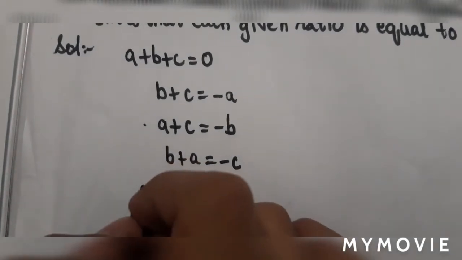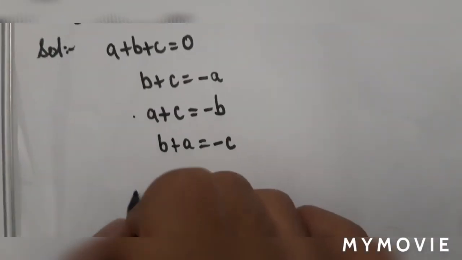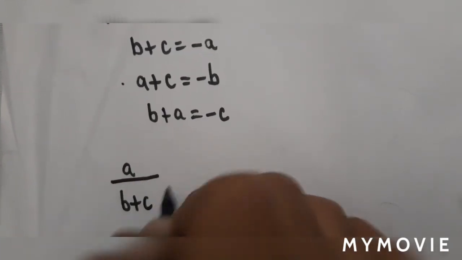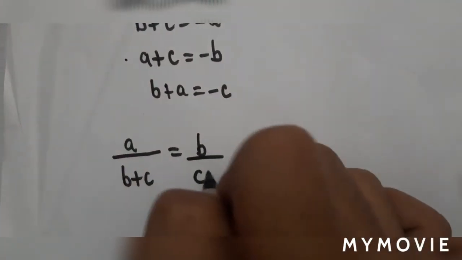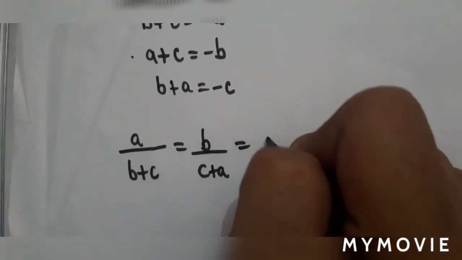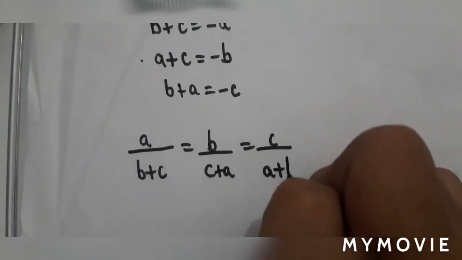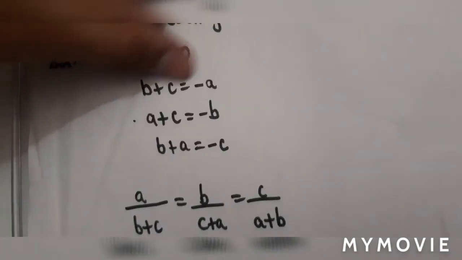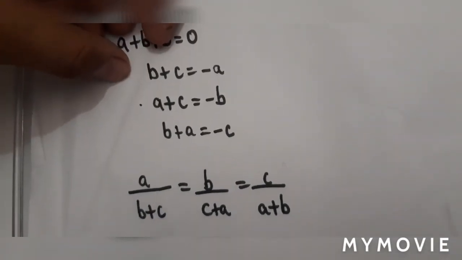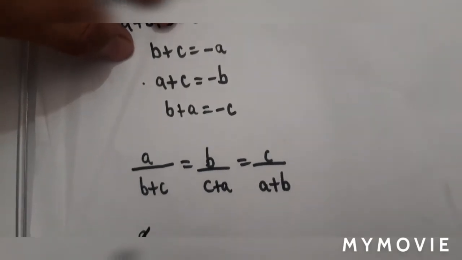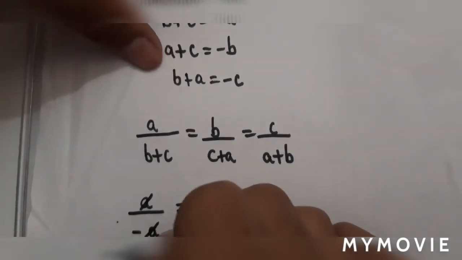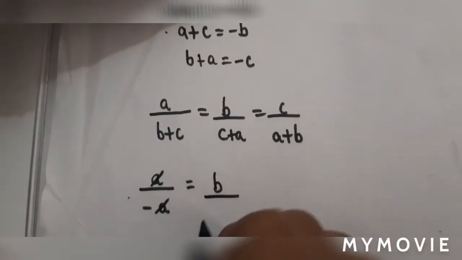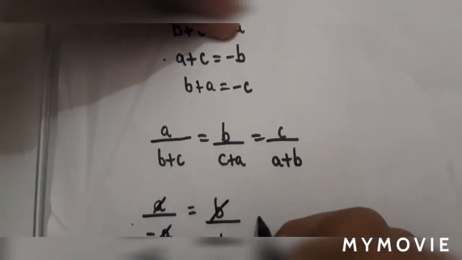So apply. A by B plus C is equals to B by C plus A is equals to C by A plus B. So B plus C is equals to minus A, so A by minus A cancel. C plus A is equals to minus B, so B by minus B cancel.